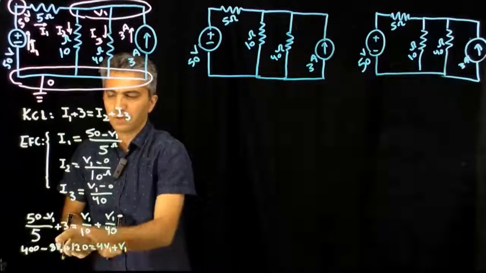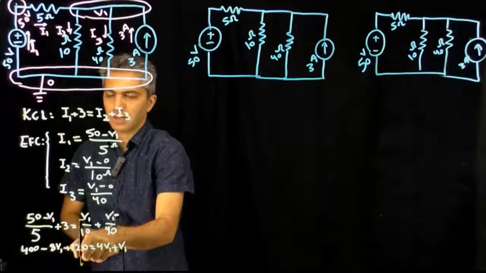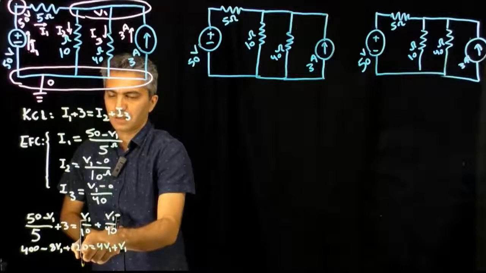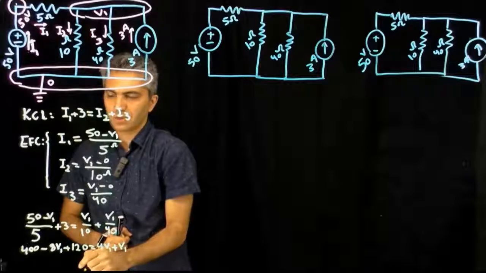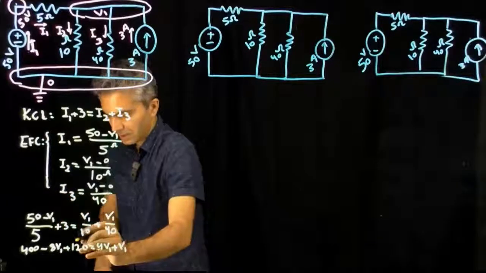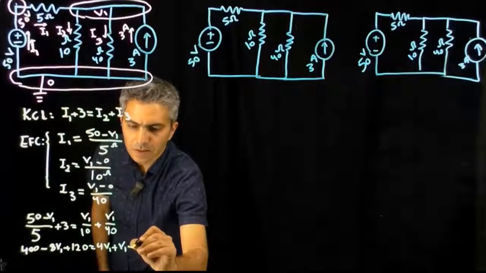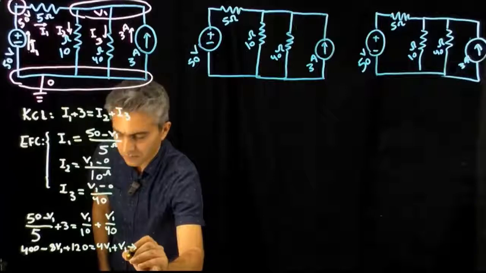So 5 V1 and 8 V1 is 13 V1, and adding the two numbers gives 520. So from this I can calculate V1.